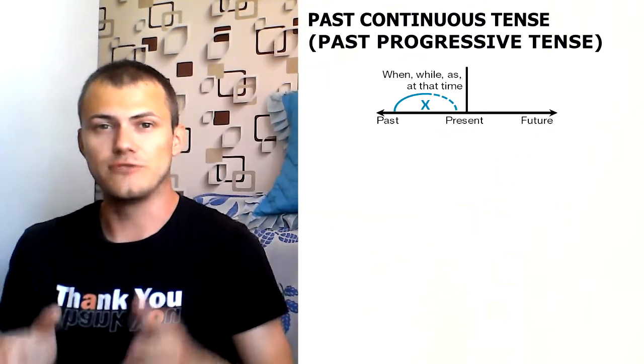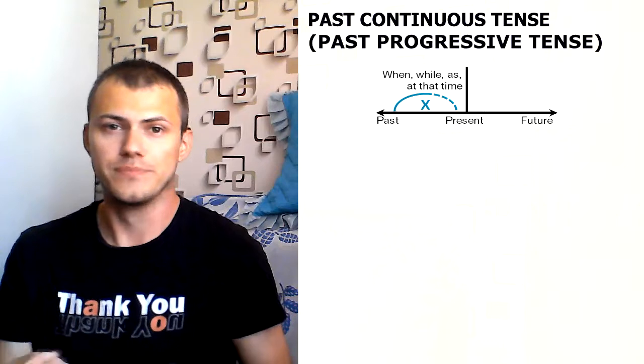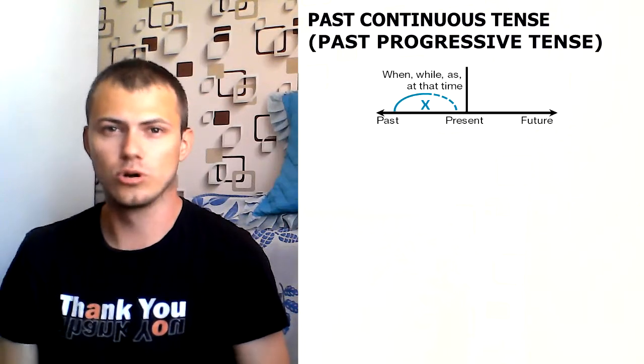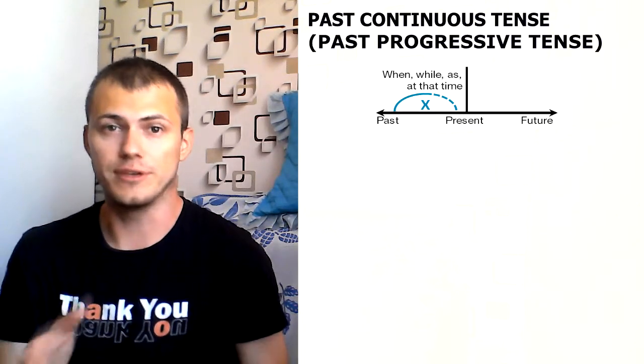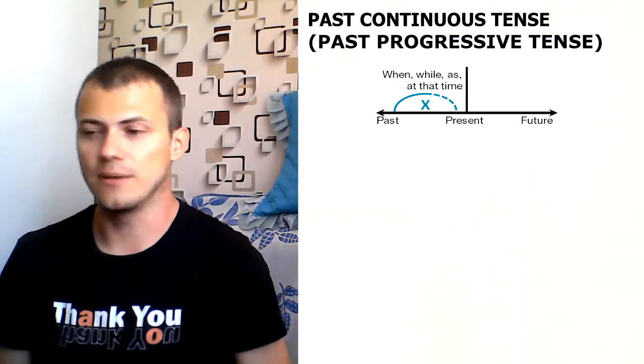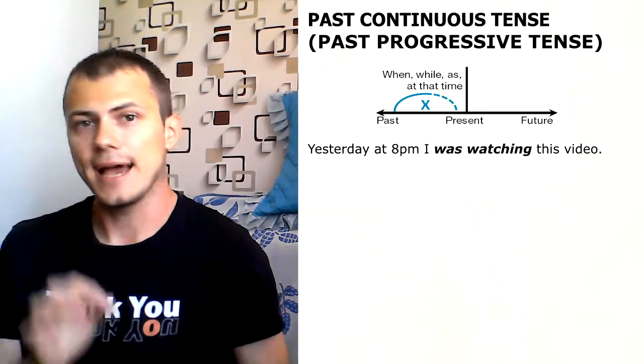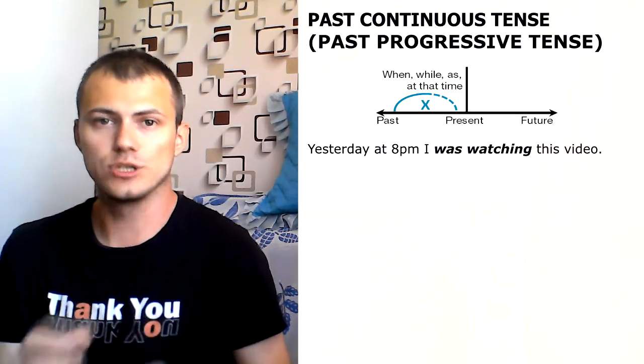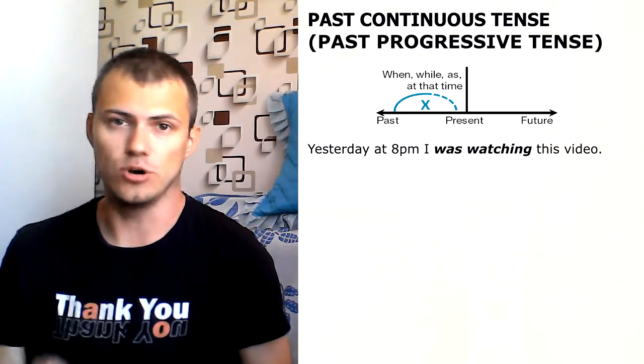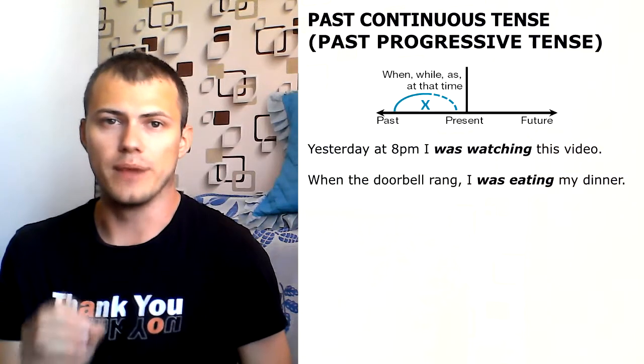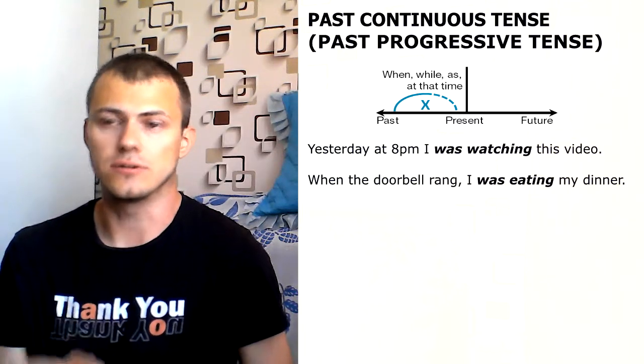Just a quick few examples before we take a closer look at the structure of this tense. So, for example, yesterday at 8 p.m. I was watching this video. When the doorbell rang, I was eating my dinner.